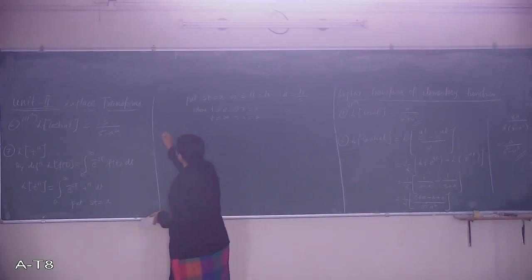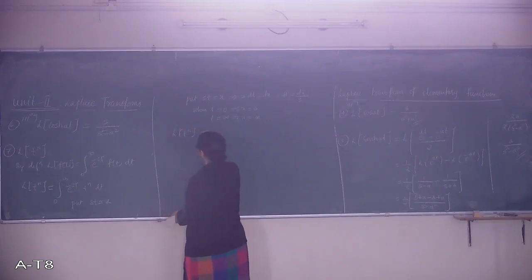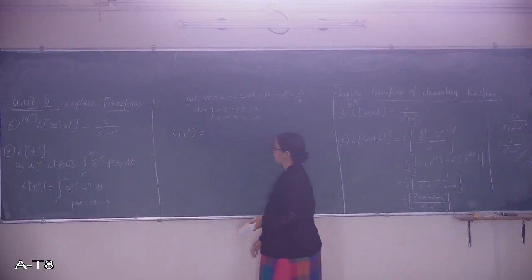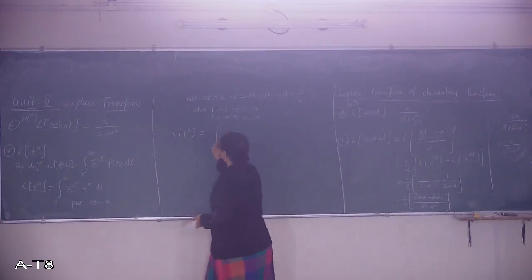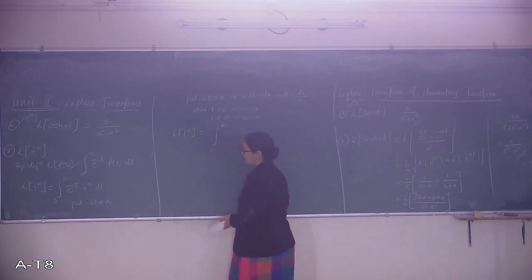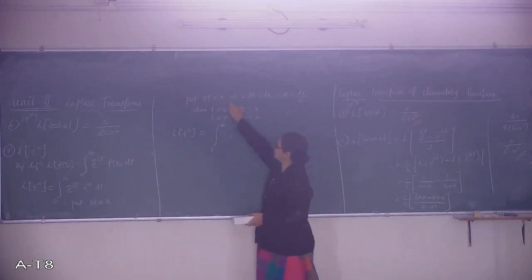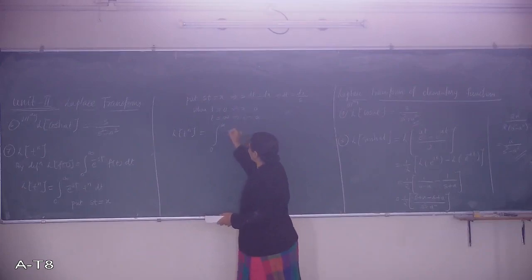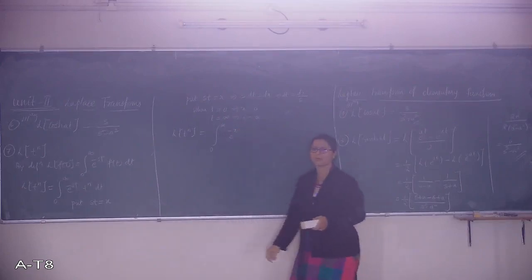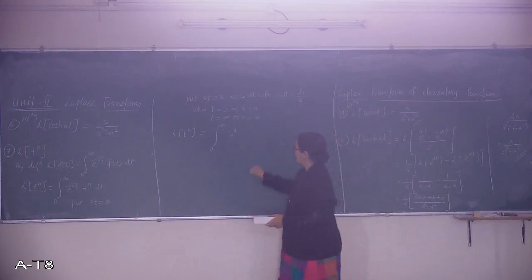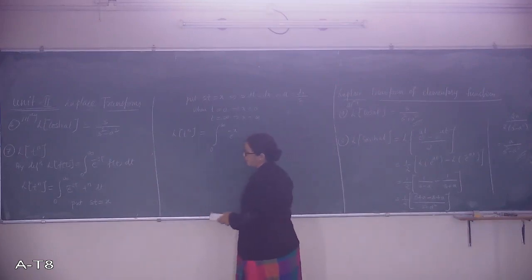Next, Laplace transform of t to the power n is equal to the integration from 0 to infinity of e to the power minus st times f of t. St we have taken as x, so we replace st by x: e to the power minus x into f of t, where f of t is t to the power n.